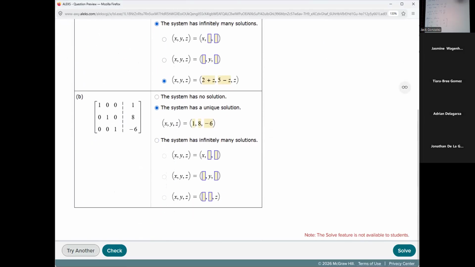But remember, if there's ones along the diagonal, this first one is x equal to 1, y equal to 8, z equal to -6. So that's where this comes from. This is the x, y, z.